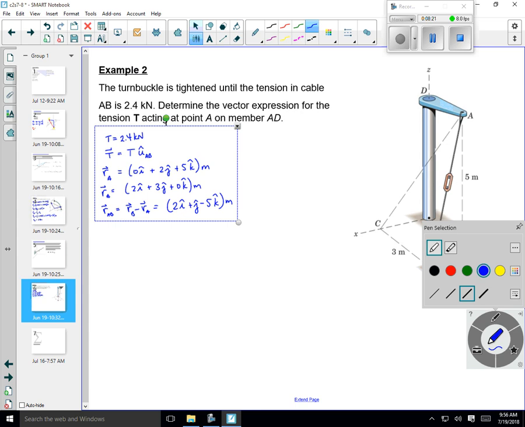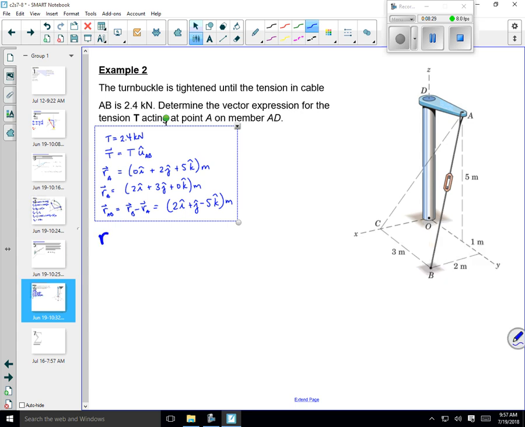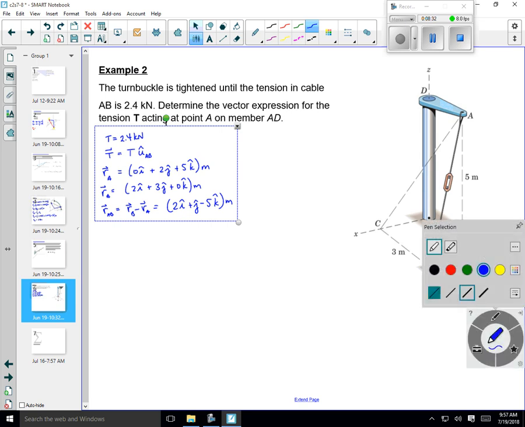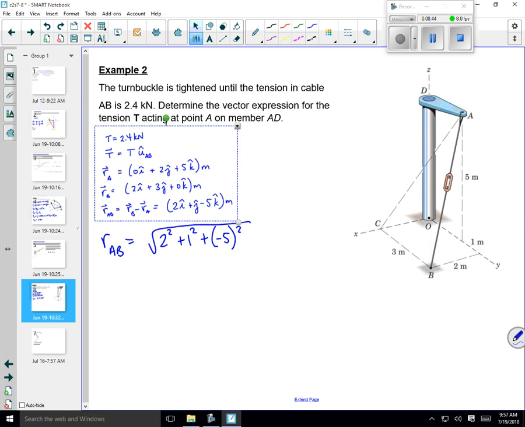So now I need to know the magnitude of RAB, which is the square root of 2 squared plus 1 squared plus minus 5 squared, in meters, which is the square root of 30.